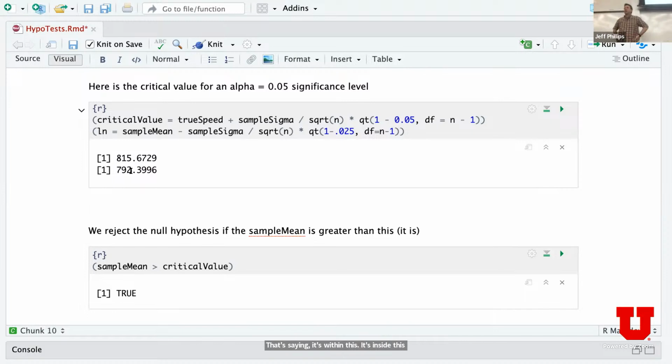Why did you call it critical value? So the critical value is the threshold for rejecting or accepting a null hypothesis. I'm going to create this based on my true speed.